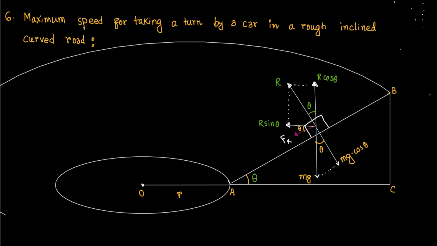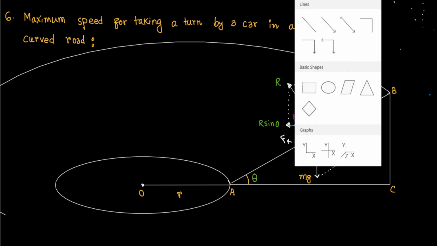This angle will be theta, and the component which acts vertically downwards is Fk sin theta, and the component which acts parallel to the horizontal is Fk cos theta.